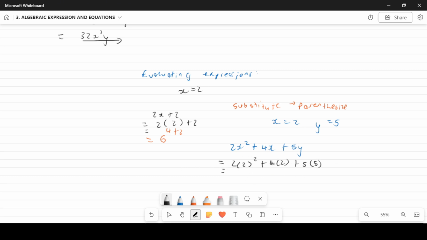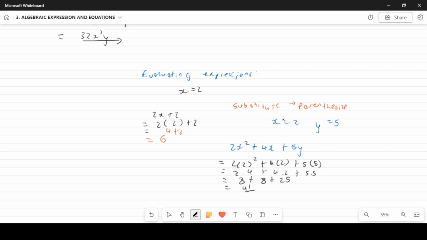Now I have to work with the brackets. So it's 2 times 4 plus 4 times 2 plus 5 times 5. And then you will have 2 times 4 is 8 plus 4 times 2 is 8 plus 5 times 5 is 25. If you add all of this together, 16 plus 25 is 41. And that's basically how we solve the problem.